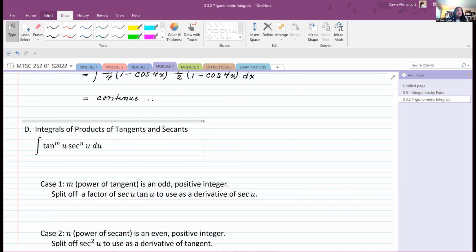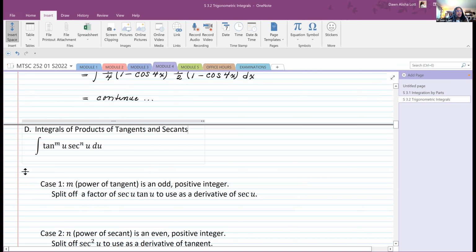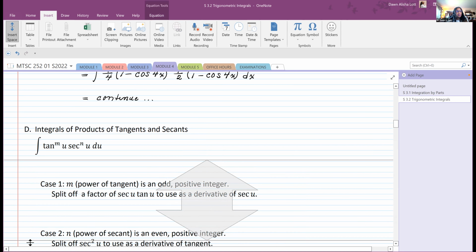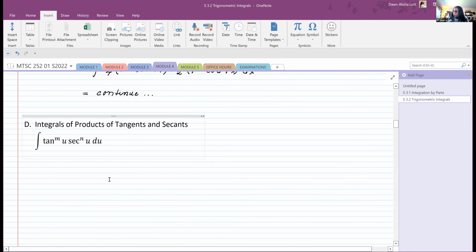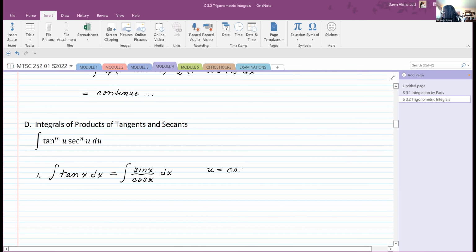We already know how to integrate the tangent, but I'm just going to make sure we can recall that. All right, so the first thing is very simple. That was the integral of the tangent of x dx. And if you recall, we split this into the sine of x over the cosine of x dx. And here we let u equal the cosine of x, du equal negative the sine of x dx.